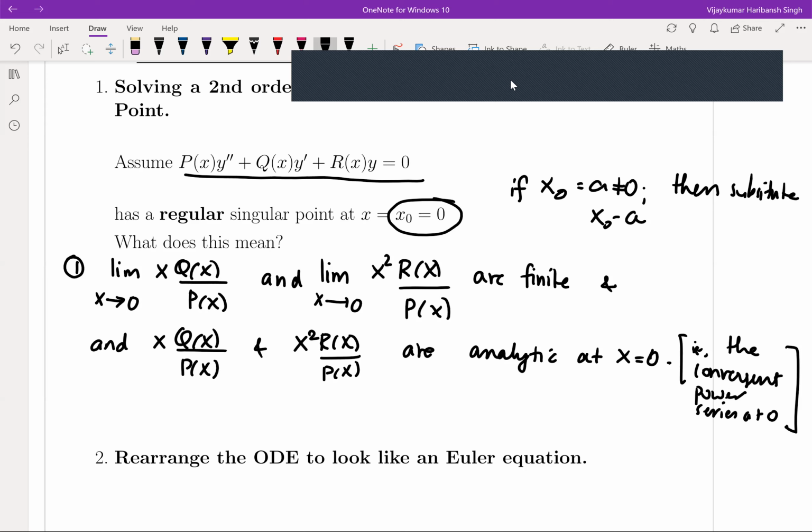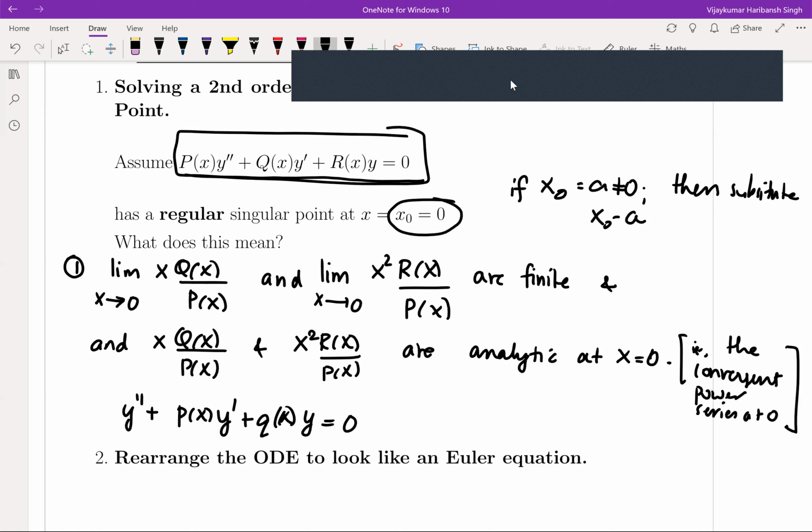So now once we do this, notice that we have y double prime. If I divide throughout by P(x), plus p(x) y prime plus q(x) y equals 0, where I'm calling p(x) as Q(x) over capital P(x) and q(x) as capital R(x) over capital P(x).